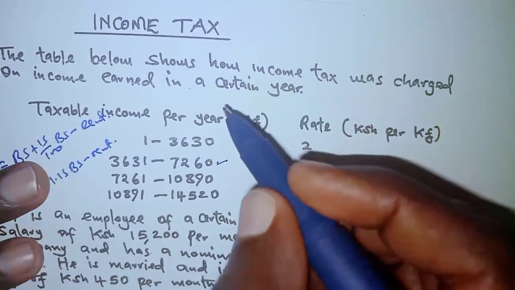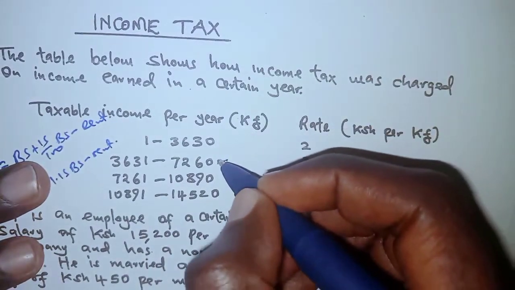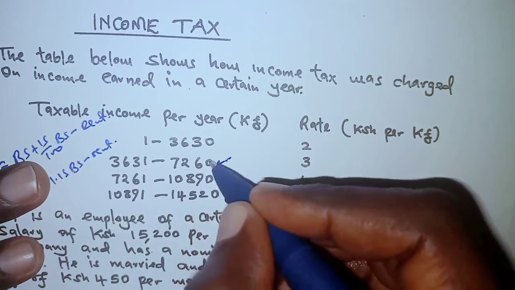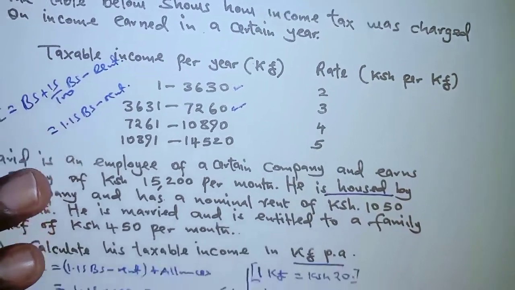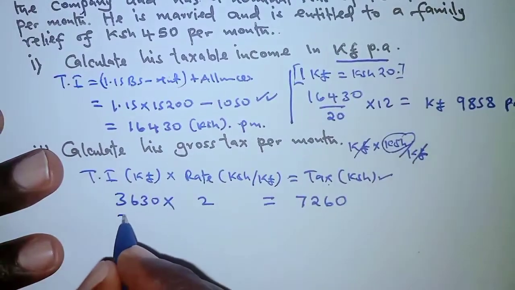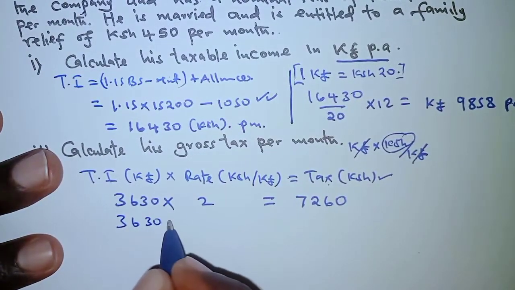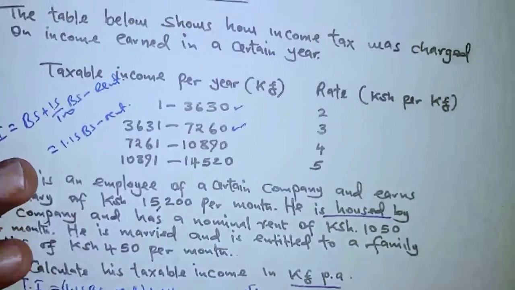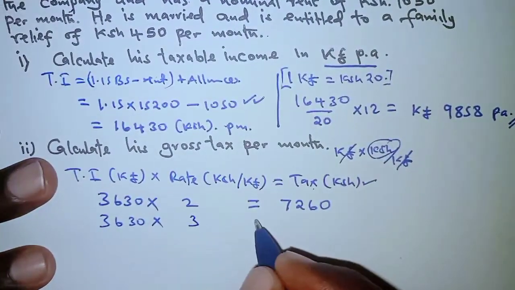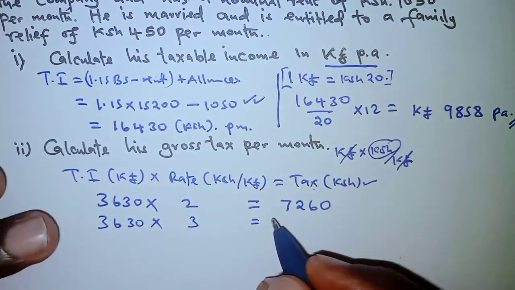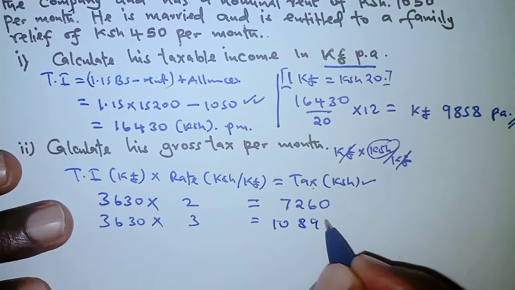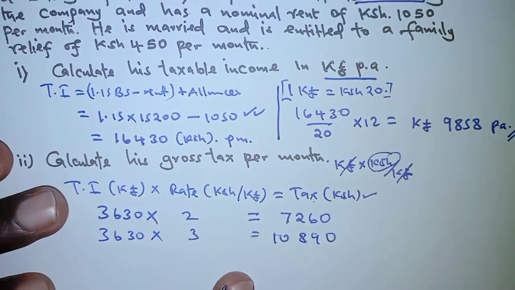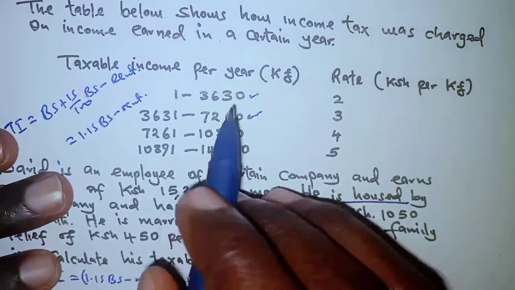So we'll take 7,260 minus 3,630 and multiply by the rate for that particular band, which is 3. When we multiply by 3, we get 10,890 Kenyan shillings.